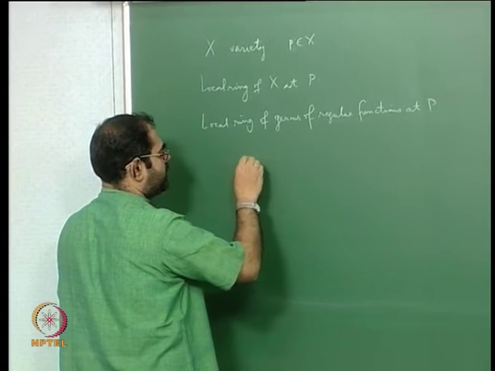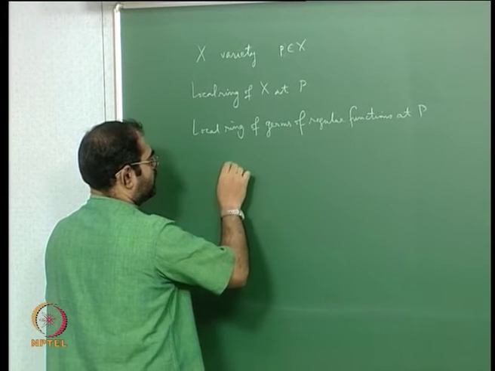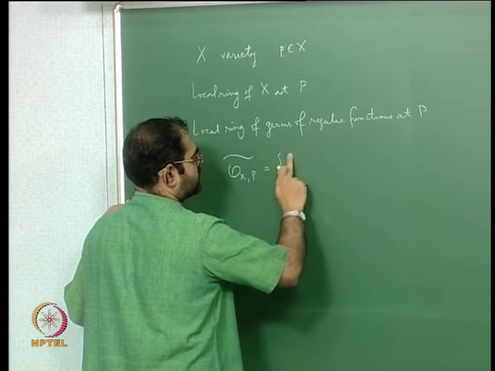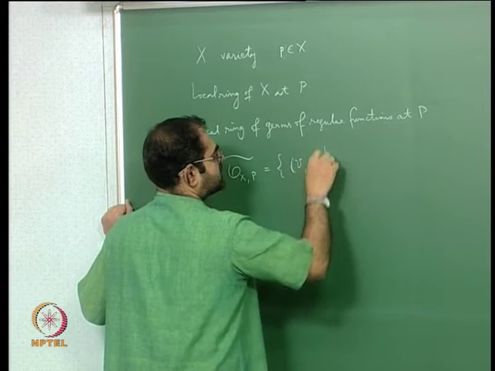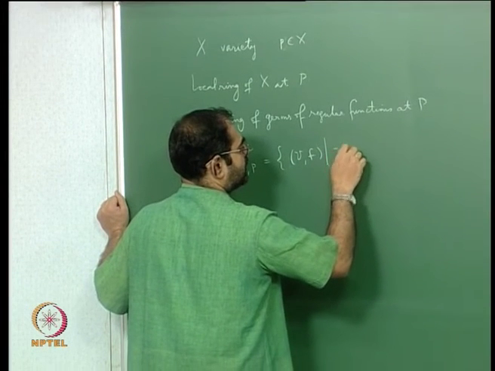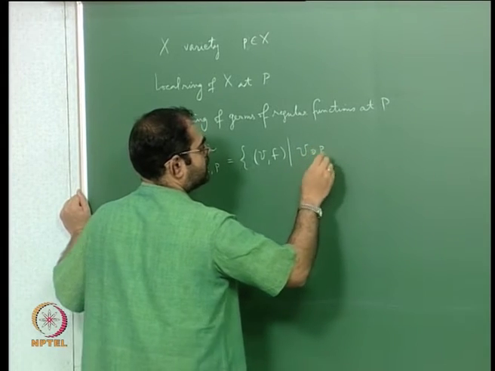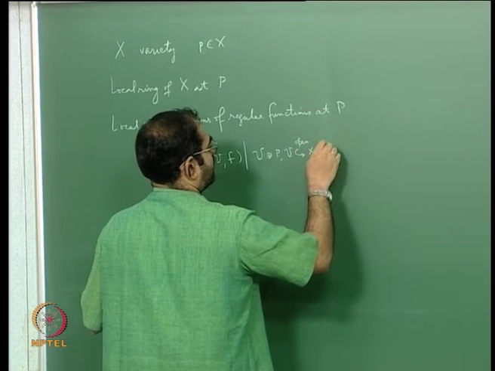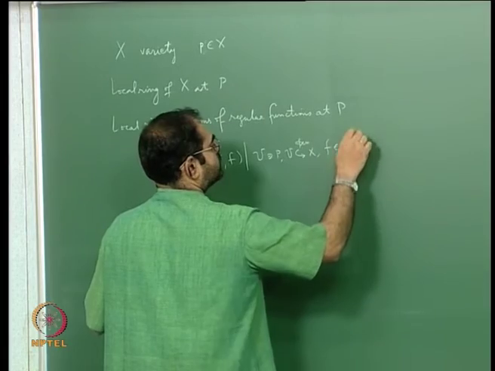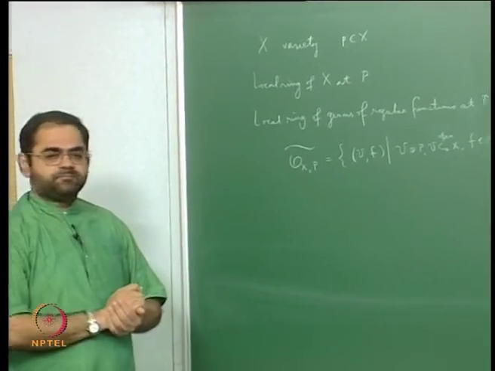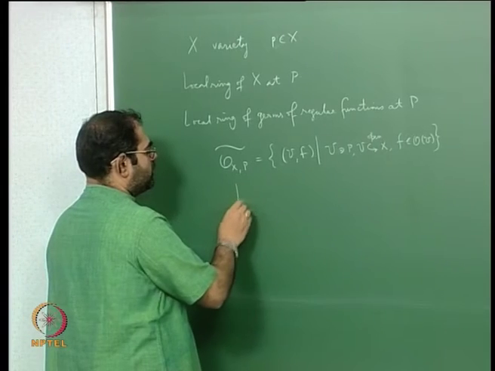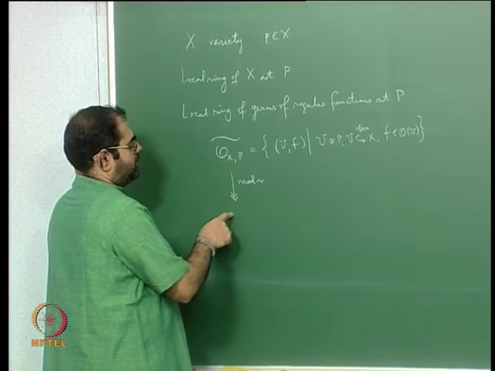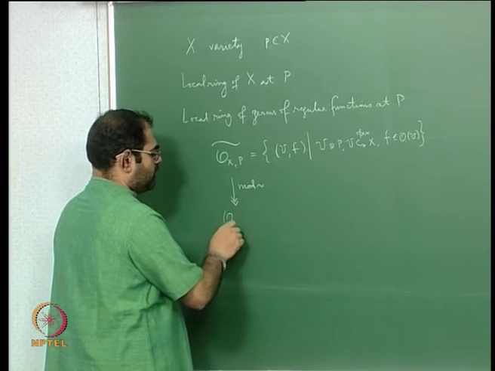We took O_{X,P} tilde to be the set of all pairs of the form (U, f), such that U contains P, U is an open subset of X, and f is a regular function on U. So you take the set of all such pairs, and then you go modulo an equivalence relation, to get a surjection from this into the local ring.